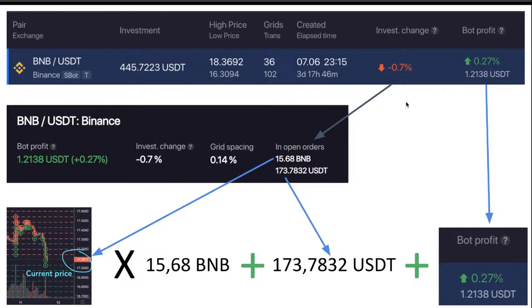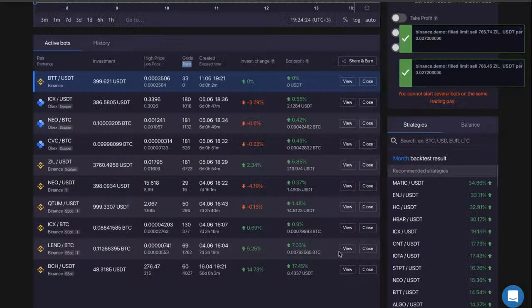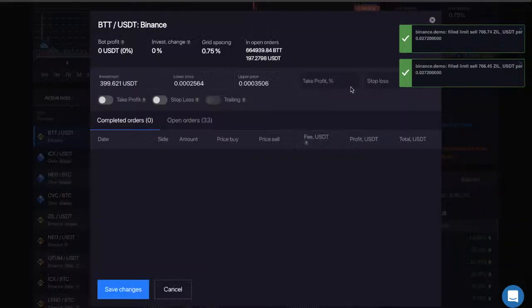So in order for me to get the idea of the investment change, by clicking on the view button here on any active bot, sorry, the system is lagging a little bit, so it takes time for me to open this.